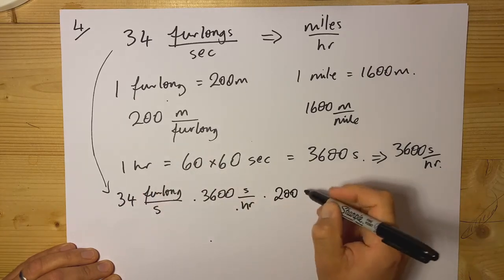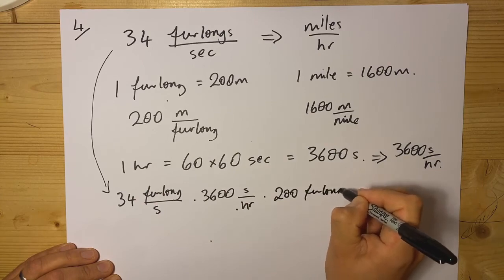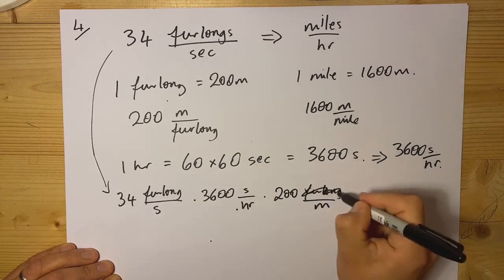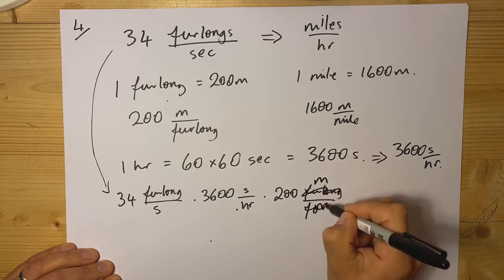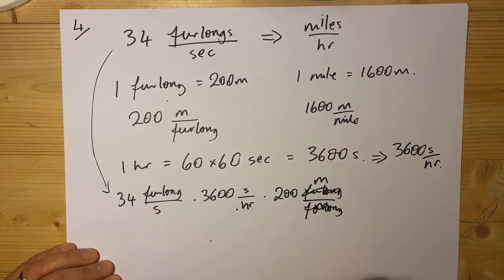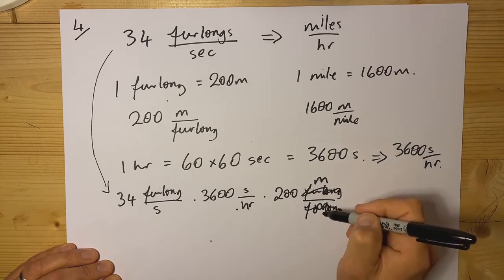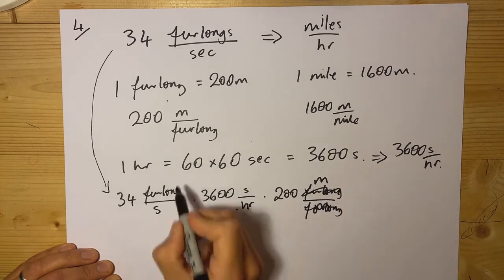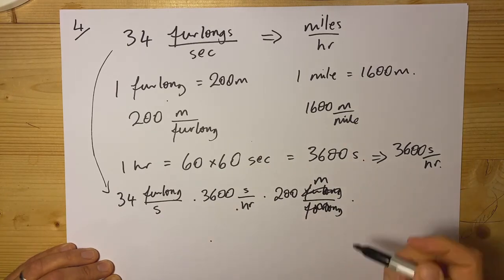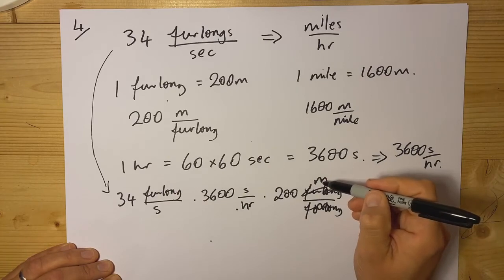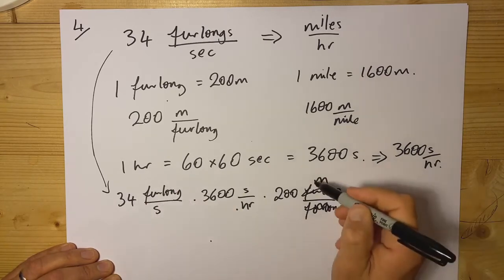So times 200 furlongs per meter. Okay, so we can see, meters per furlong. I keep these in just so you know that I do make mistakes as well. So 200 meters per furlong. You can see the furlong is going to cancel out here. Now we're left with the last one. So furlongs are going to cancel out and give us meters.